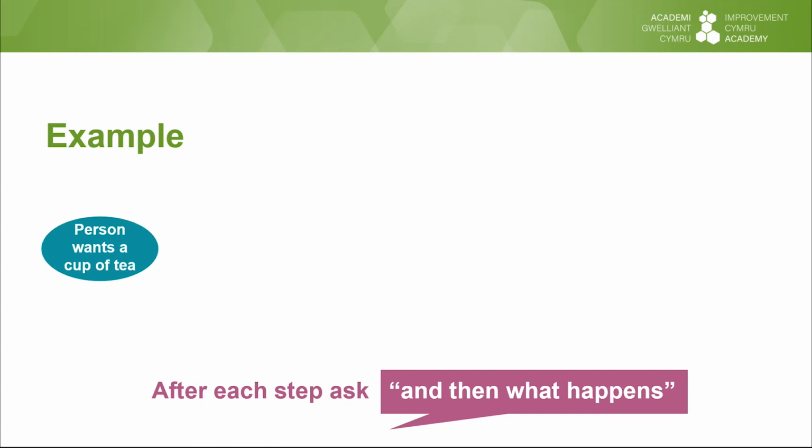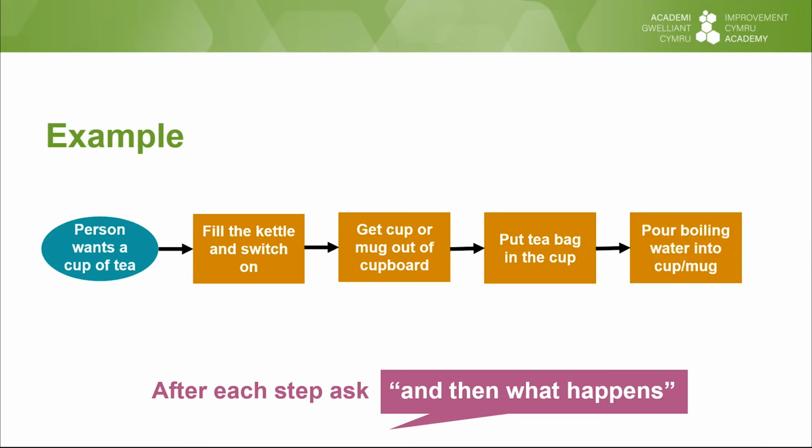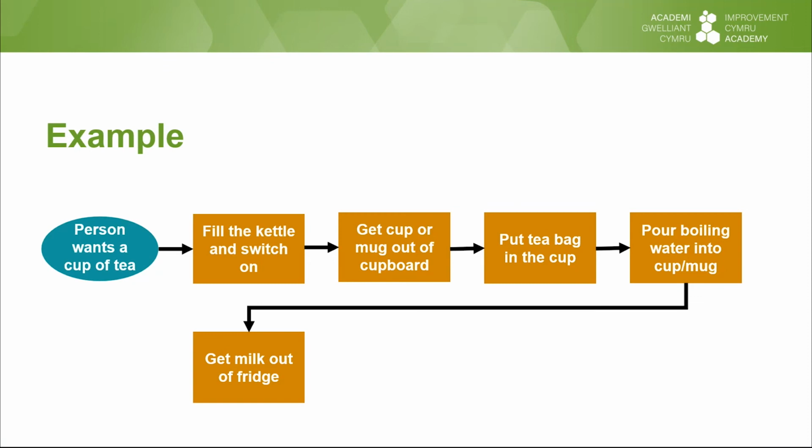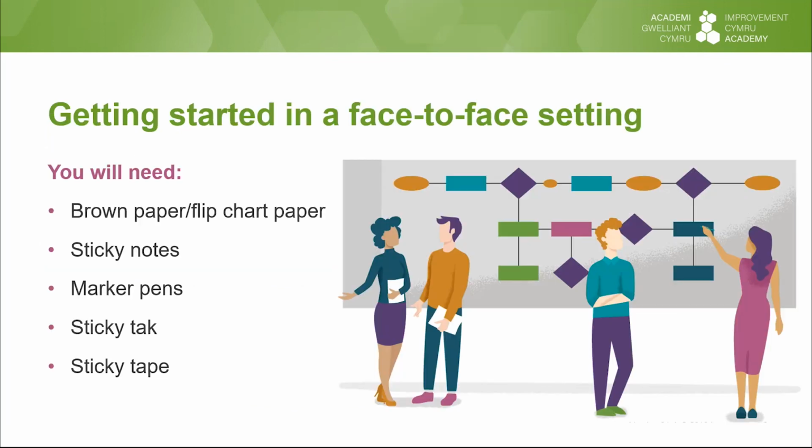The first thing we might do is boil the kettle. Then we might get a cup out of the cupboard, put a tea bag in the cup, pour boiling water into the cup. Next, we get the milk out of the fridge, add the milk to the cup, and we have just created a very simple process map of how to make a cup of tea.